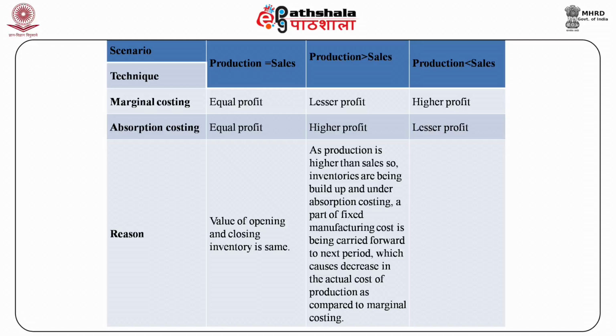Therefore, inventories are being built up, and under absorption costing, a part of the fixed manufacturing cost is being carried forward to the next period, which causes decrease in the actual cost of production as compared to marginal costing. So, profit is higher under absorption costing and vice versa when sale is greater than production.